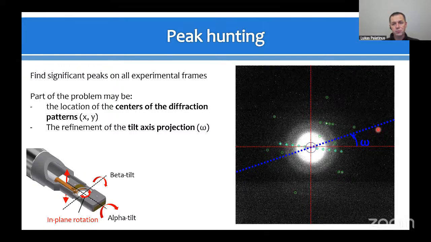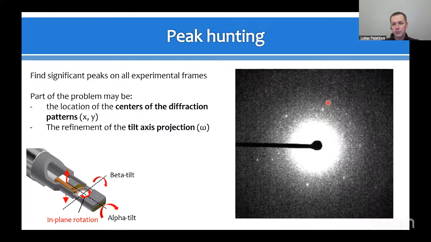It may differ from experiment to experiment, but even from diffraction pattern to diffraction pattern in one experiment. So one of the challenges of this stage of data processing is to be able to locate the diffraction pattern center, which is almost trivial when the transmitted beam is contained in the diffraction pattern, like in this case.